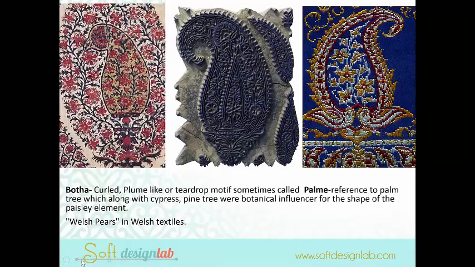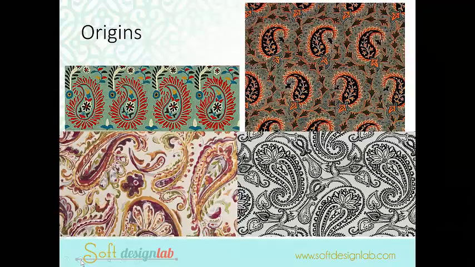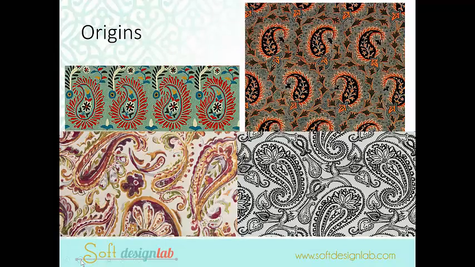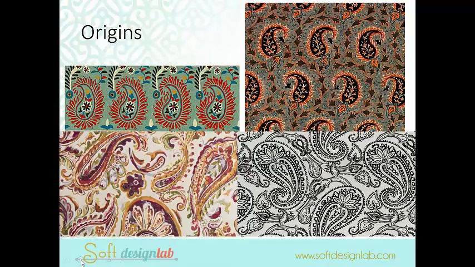Kind of interesting origins to all of these things. Love some of these pictures. A lot of textile design scholars think that the paisley motif is a blending or a convergence of a stylized flower spray along with the bent cypress tree.